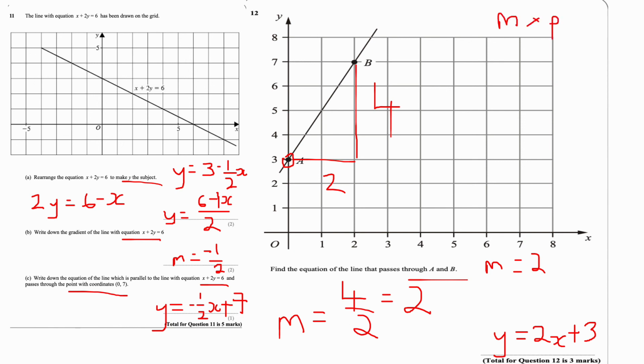I've got a separate video on that, but it's the negative reciprocal if you're looking at perpendicular lines and perpendicular gradients. So for example, if the gradient is 2, the perpendicular gradient would be minus a half. If the perpendicular gradient was, let's say, minus a third, the normal gradient would be equal to 3. It's the negative reciprocal of that number or that fraction.